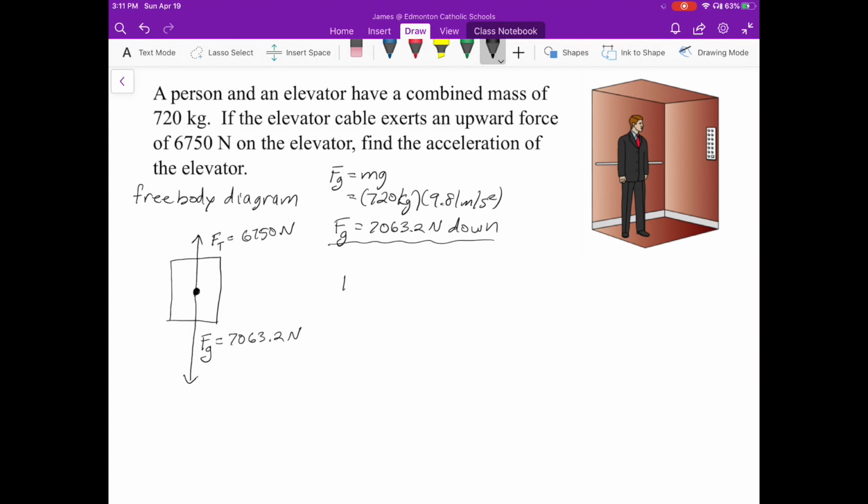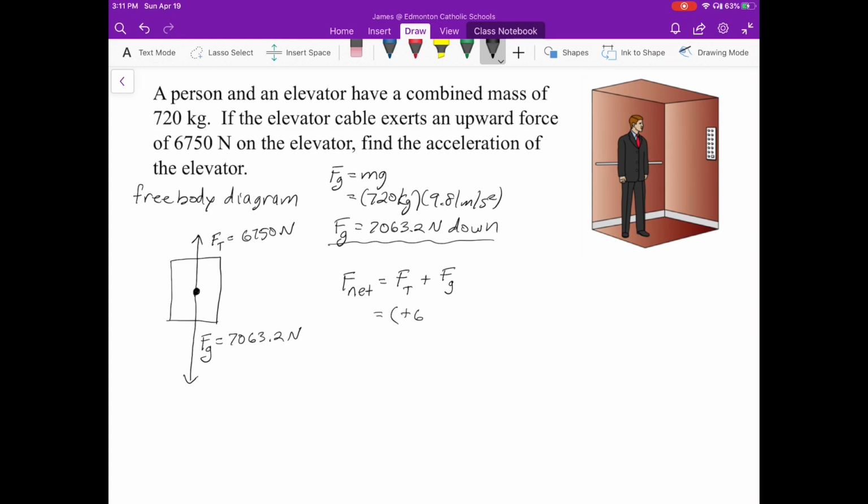What we're going to do now is use our free body diagram to write an expression for the net force. The net or unbalanced force is the vector sum of the forces acting on the object. And here we've got two of them. By vector sum, we mean we have to include direction. So we're going to choose up to be the positive direction.